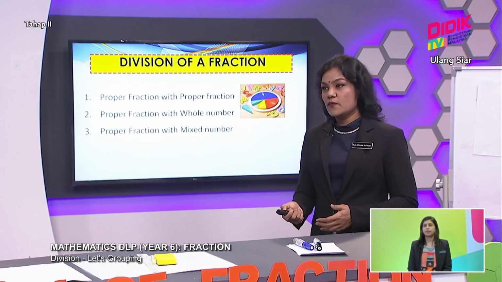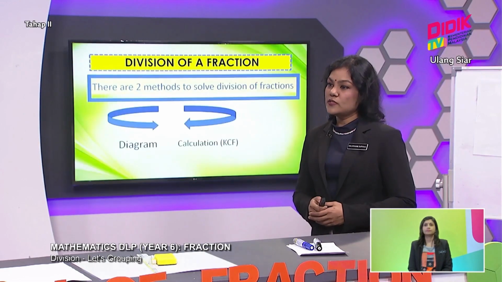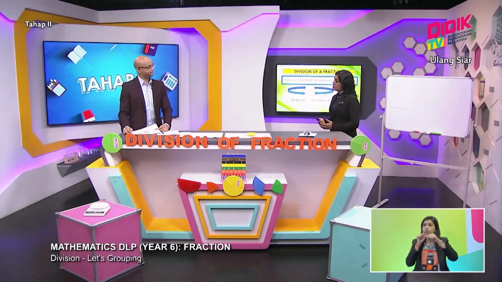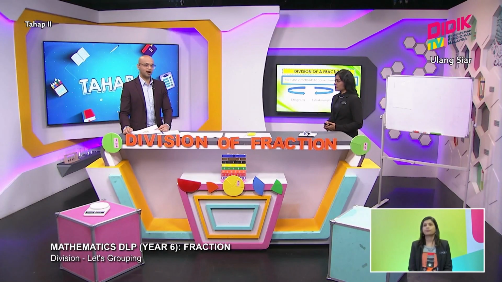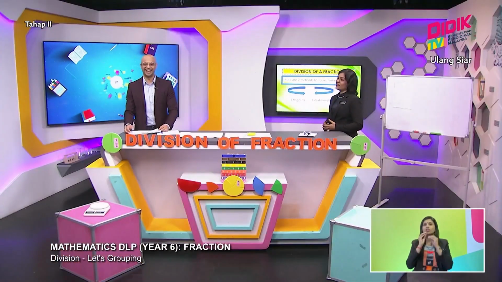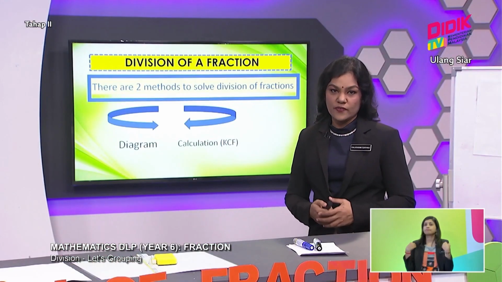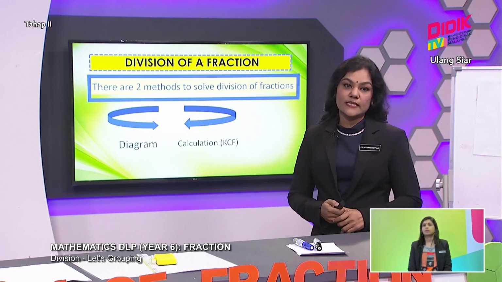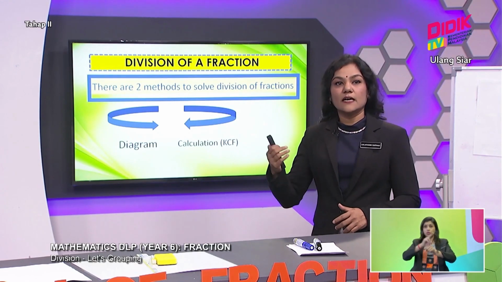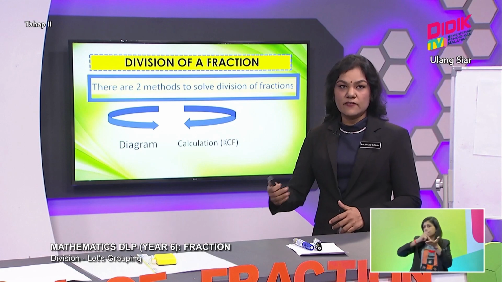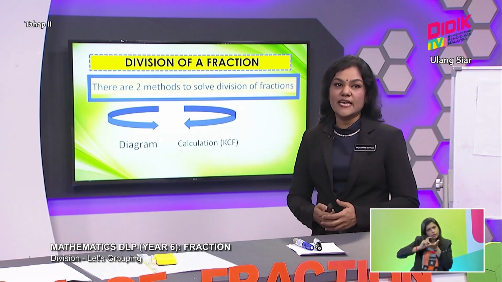Now we go one by one. How are we going to divide? Any strategy? There are 2 methods to solve division of fractions. One is using a diagram. The other is calculation as a standard written method. But here I focus on KCF.